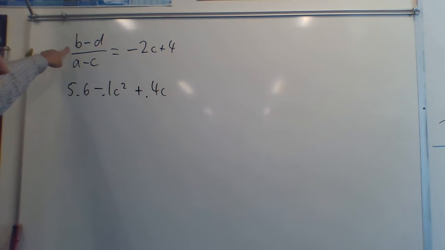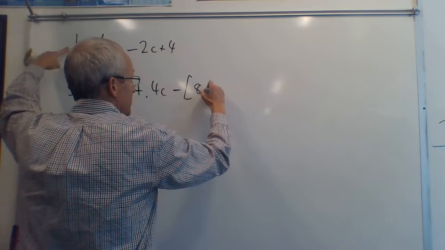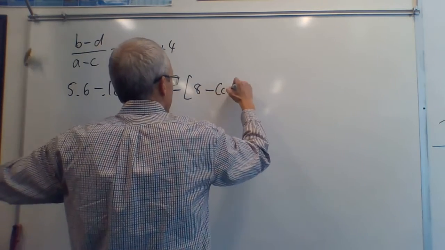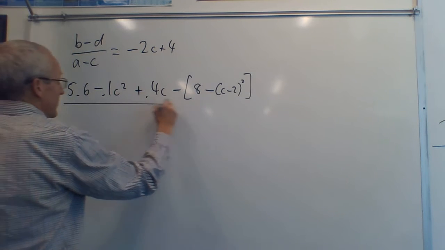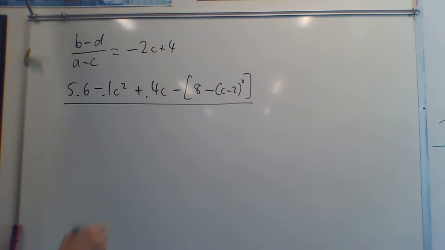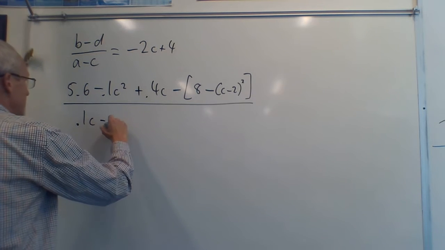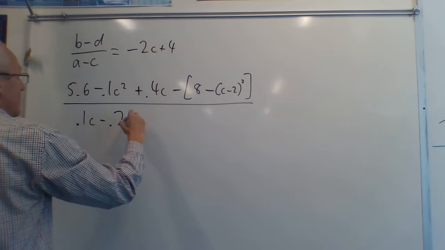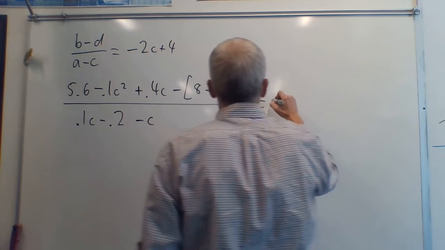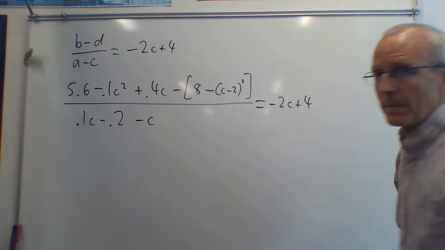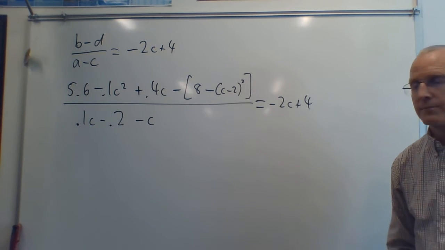That's B minus D, and D is the original equation, 8 minus C minus 2 squared. That's B minus D divided by A minus C. A we found was 0.1C minus 0.2. That's A minus C. That's already a C. And that's equal to negative 2C plus 4. Okay, all C's. So now it's just algebra to solve for C.